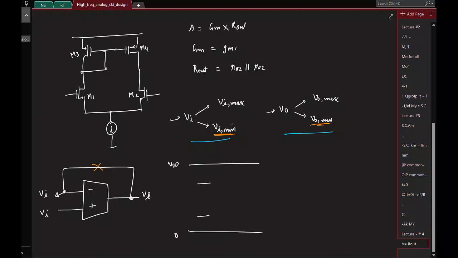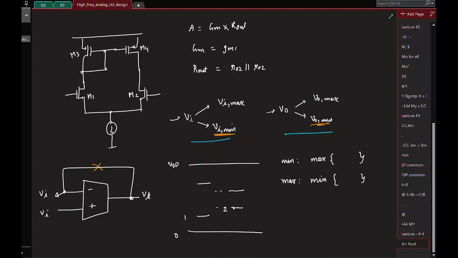One guy is fixing it from here to here, and the other guy is fixing it from here to here. This is minimum 1, this is minimum 2. We'll be limited by this guy finally, and in the upper end we'll be limited by this guy. So the absolute minimum will be the maximum of the two minimums, and similarly the maximum you can apply will be the minimum of the two maximum voltages. Fine.